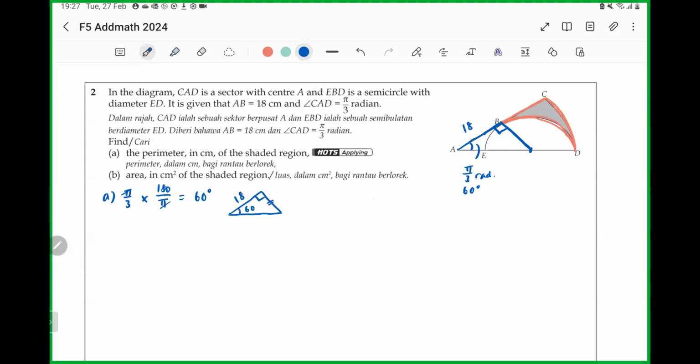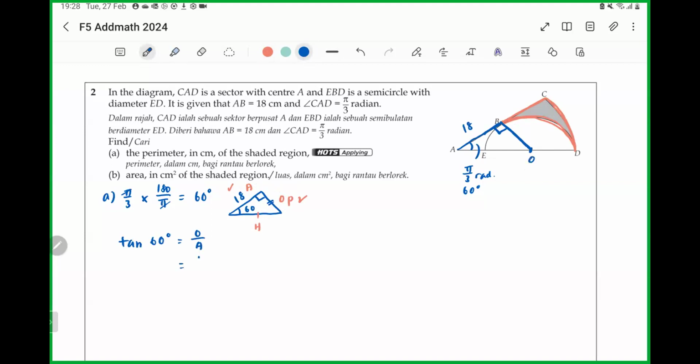I want to have the radius. From center to B is actually the radius, right? Find the length of the radius. So the angle is here, right? Opposite to it is opposite, and opposite to the 90 degree is hypotenuse. Then this one is adjacent. So I want to find opposite and I have the adjacent, so O and A, use the tangent. Tan 60 degree equals O over A, where the O we don't know.